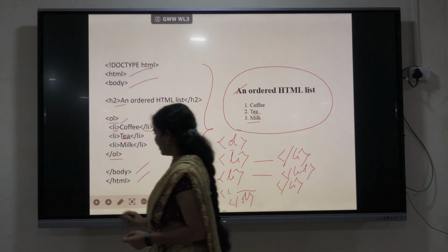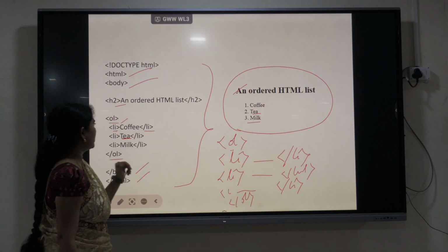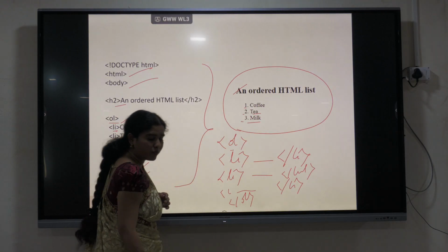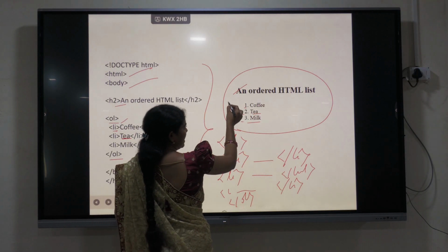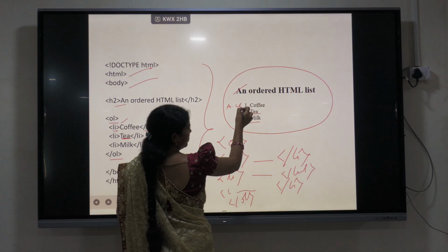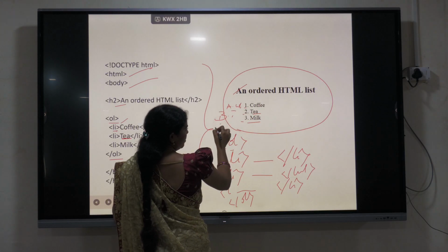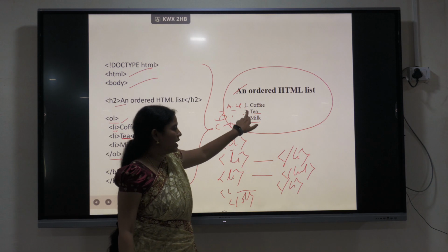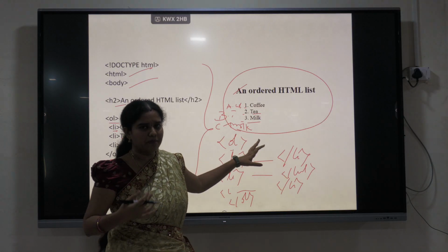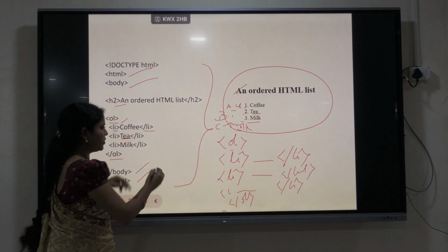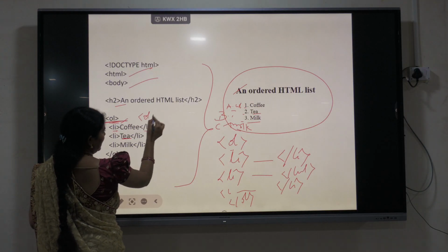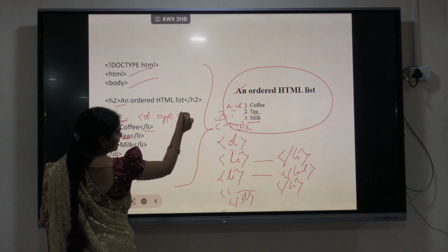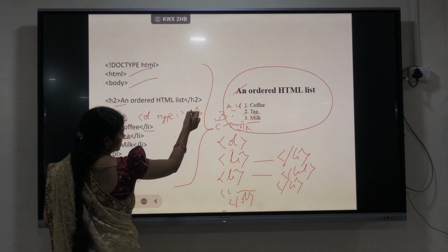Now another important point: instead of 1, 2, 3, if you want the output to be displayed as capital A dot coffee, capital B dot tea, capital C dot milk, that means instead of 1, 2, 3 we want capital A, B, C. If that is the format, then simply use the parameter called type equals, within the double quotes, A, and then close it.